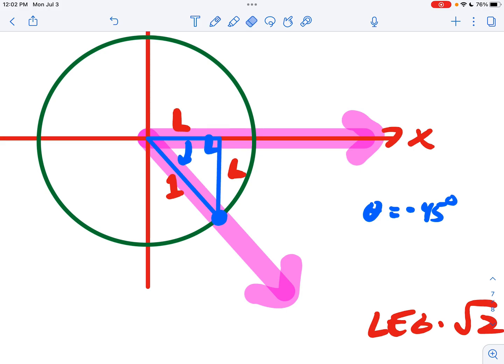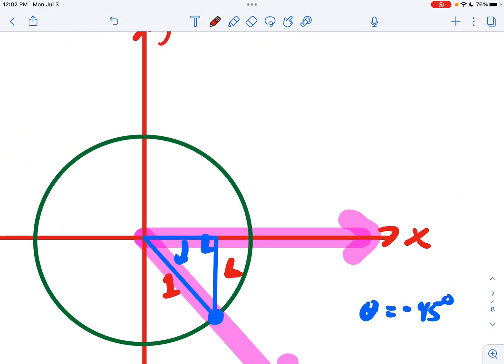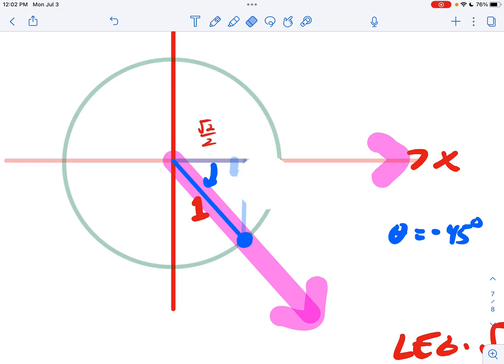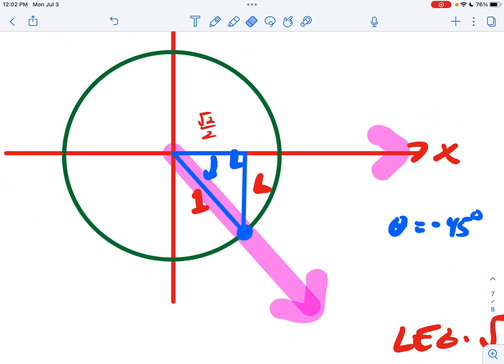So we could go back and say this distance here is, let me make this easier to read, root 2 over 2. This distance here, can I erase just this?